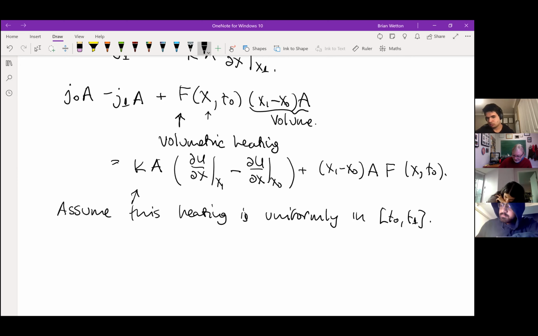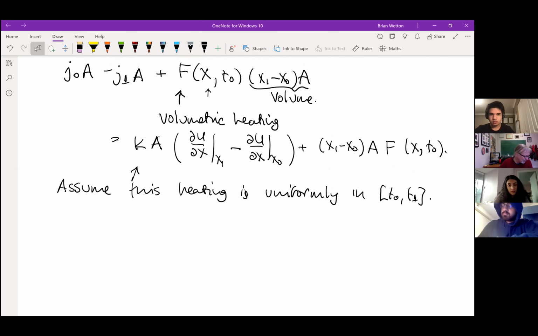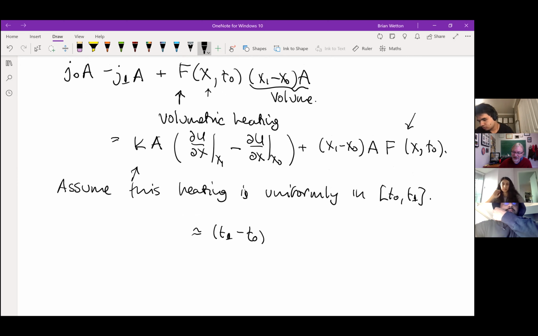So if you've got some heat coming into a little piece of material, it's going to heat up, but we know how much this material heats up with applied heat. Okay, so here is the amount of heat that's coming in. This is the rate. So if I'm talking about how much it heats up in that time interval, I have to multiply by the time that I've got that rate.